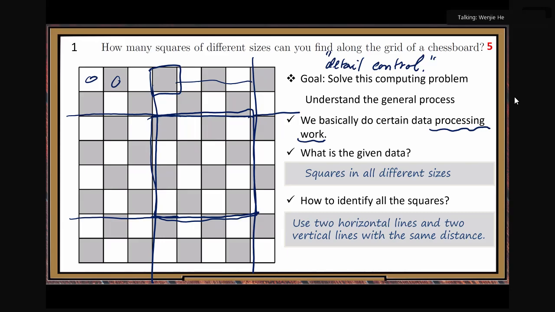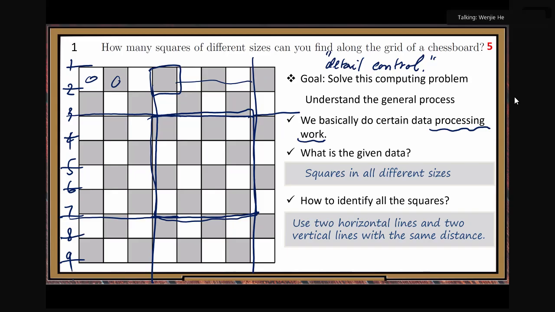Let's count. 1, 2, 3, 4, 5, 6, 7, 8, 9, right? 9 horizontal lines and then 9 vertical lines along the grids.